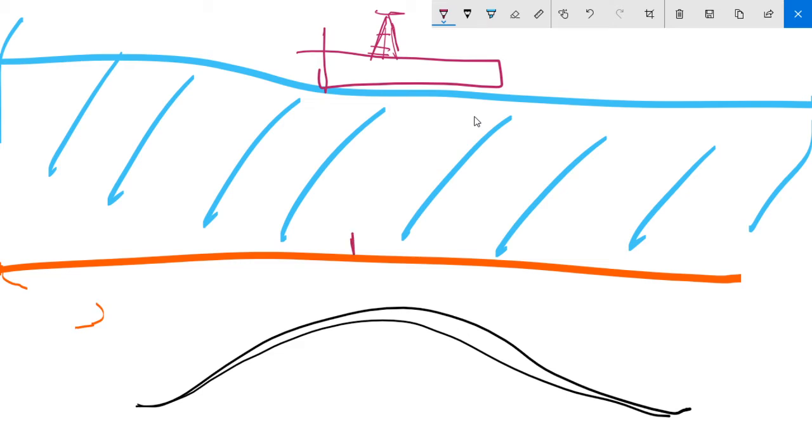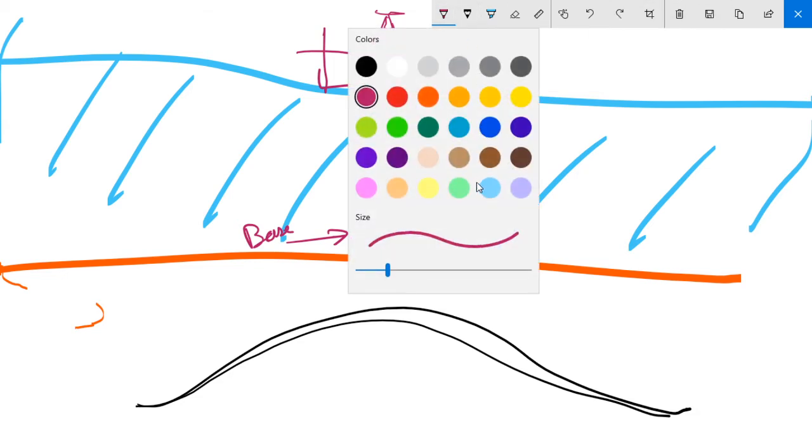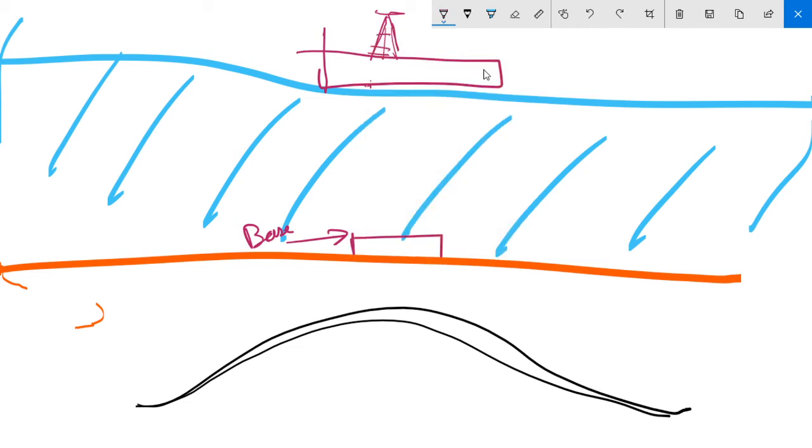So this is the base guide, and then we start drilling, but before that we put a big casing. I'll use another color for the casing, for instance this one.